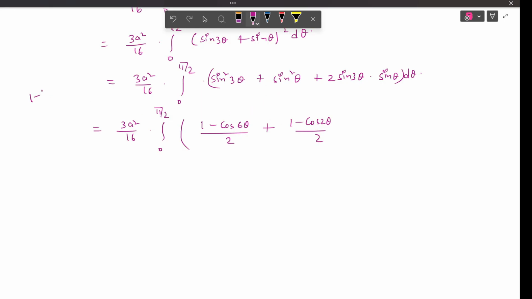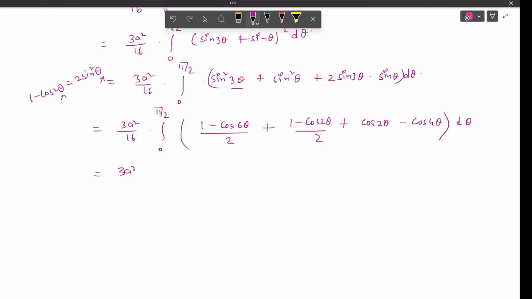Because we have 1 minus cos 2 theta, that is 2 sin square theta. So if we have theta here, we will get 2 theta here. So if you have 3 theta here, you will get twice of 3 theta, that is 6 theta. Plus this is the 2 sin a sin b formula, that is cos of a minus b minus cos of a plus b. So you will get cos of 2 theta minus cos of 4 theta d theta.